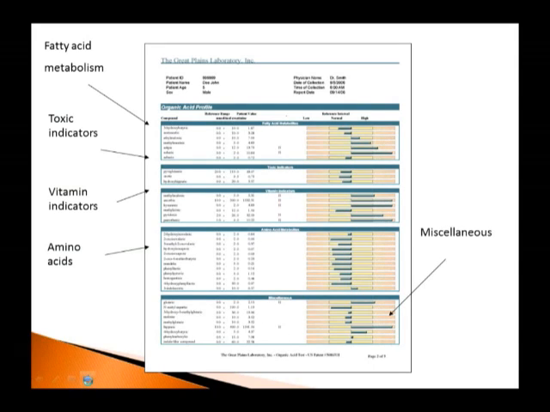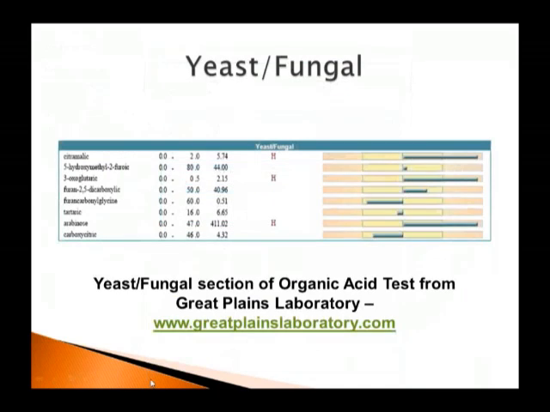So overall, it's a nice comprehensive way of getting a snapshot of somebody's metabolism as well as specific markers for various toxins. Now, the organic acid test is most commonly known for its assessment of yeast, and particularly Candida albicans, the most common form of Candida, and the toxins it produces.